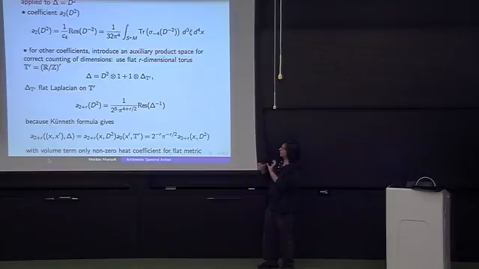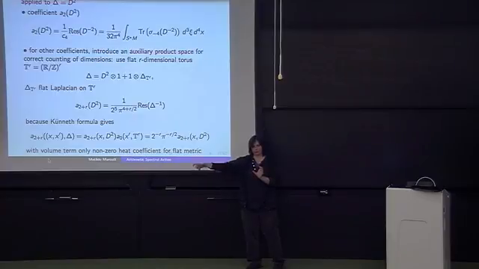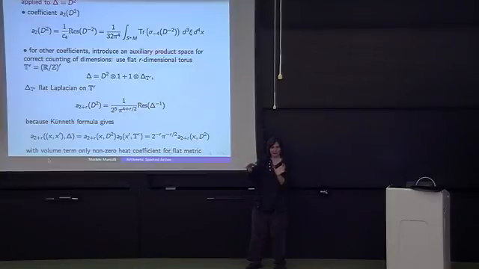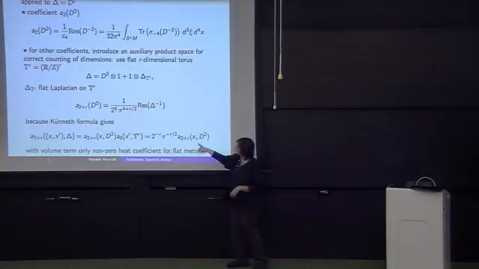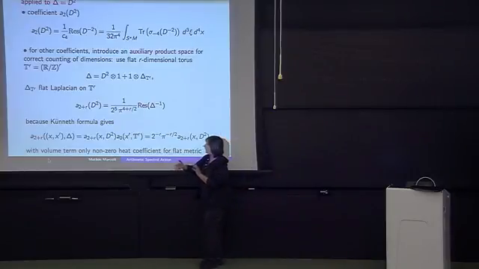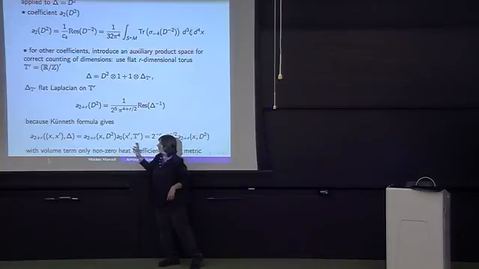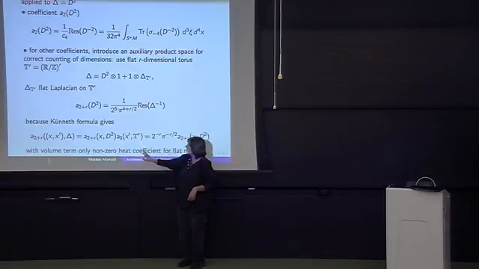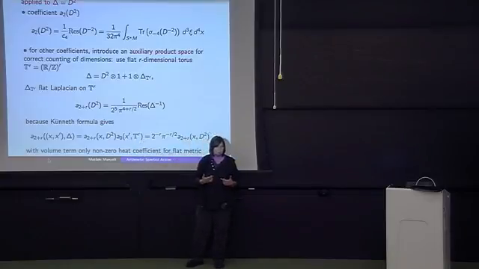And now the way you can get the other coefficients, instead of going into this recursive construction of the terms of the parametrix that become difficult, is you just move the coefficients in the expansion by putting in an auxiliary space, which is a flat torus, which does not contribute anything because there's a Künneth formula that splits out the terms of this heat kernel expansion. And these are coming from curvature tensors.